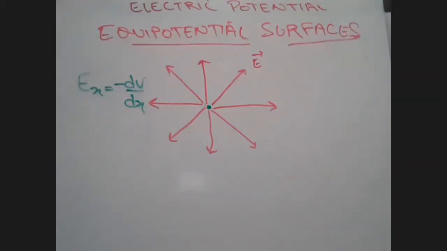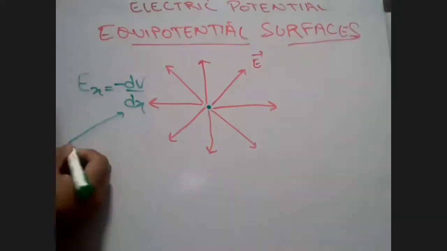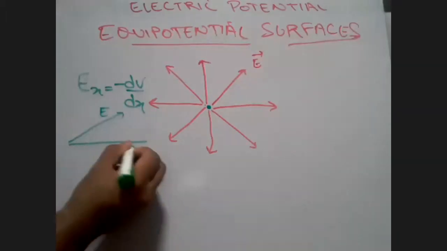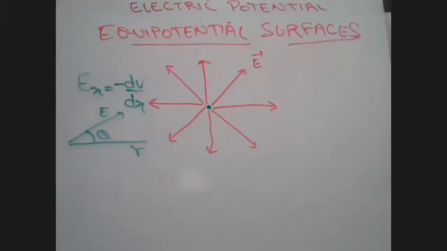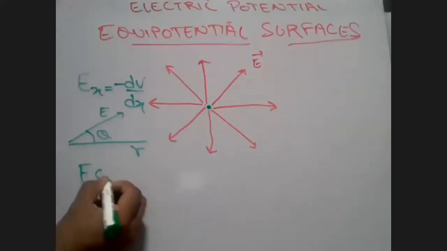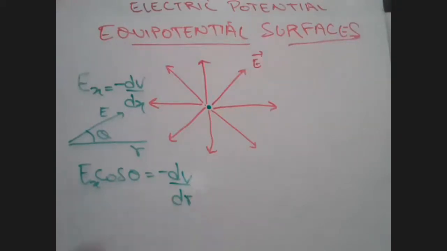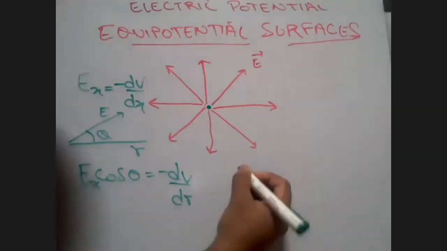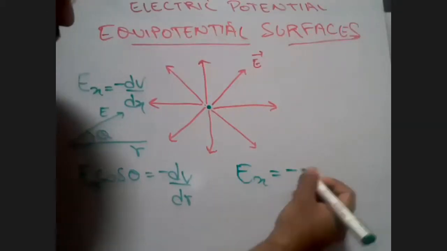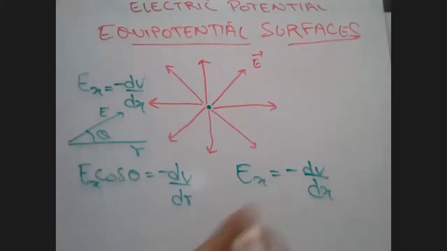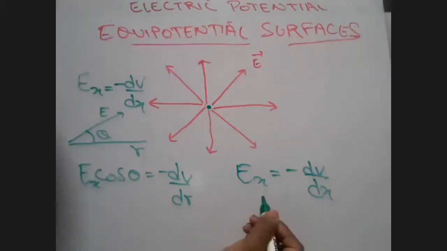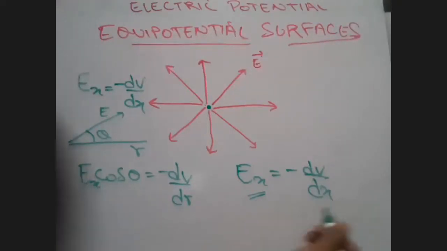And if E has some component, E is like this and r is like this, and they have some angle theta, then E cos theta is equal to minus dV by dr. Then I told you that if theta is equal to 0, I will get the maximum value, that is E is equal to minus dV by dr. What this means is, if I am moving in the direction of electric field lines, what is going to happen?